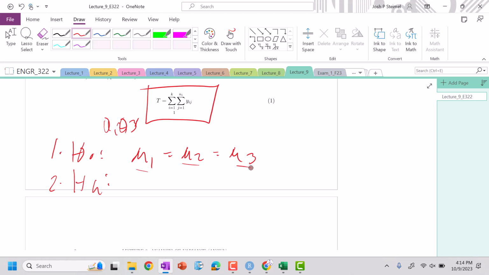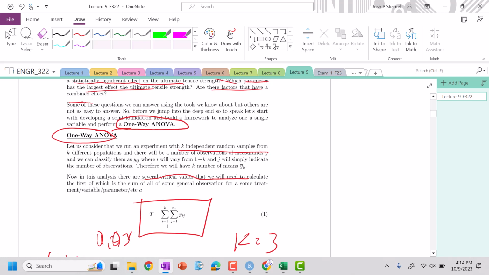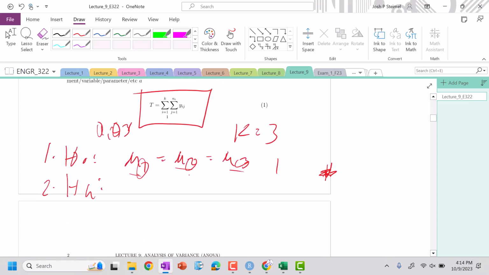This is pretty cool, because previously we were only able to do 2 at a time, a t-test or two-sample comparison. Now we can run any 1 through n variables, or more accurately, each of these 1, 2, 3, our k here will be equal to 3. So in this notation, k, the number of independent random samples, is equal to 3.